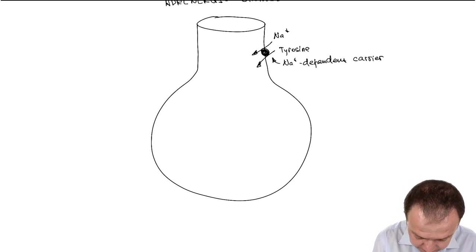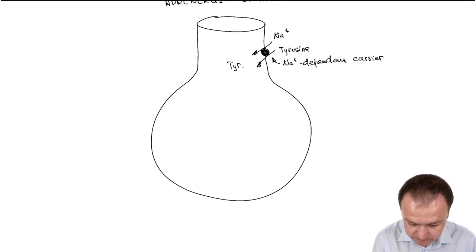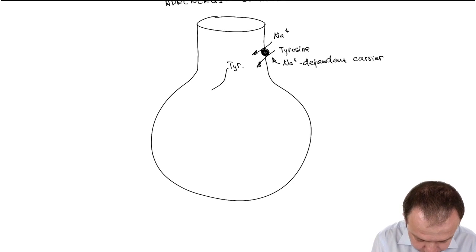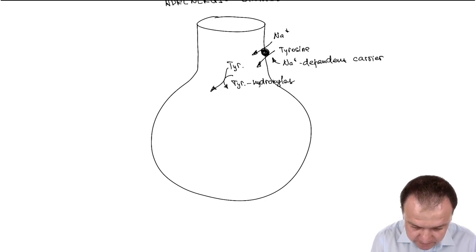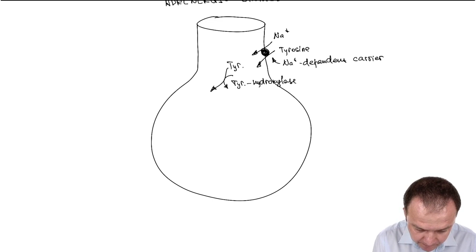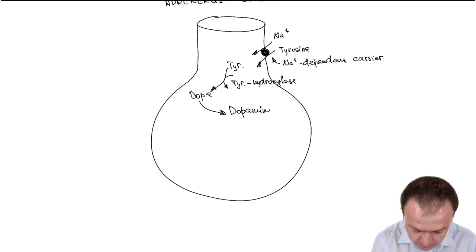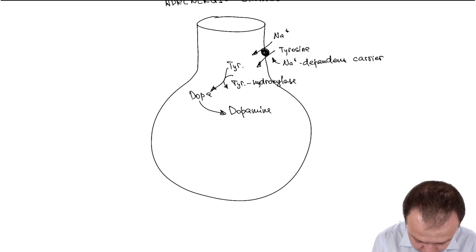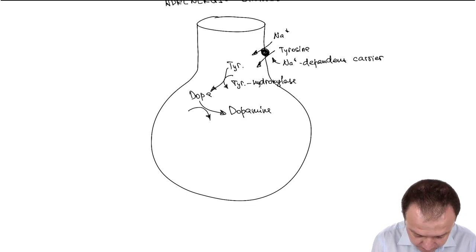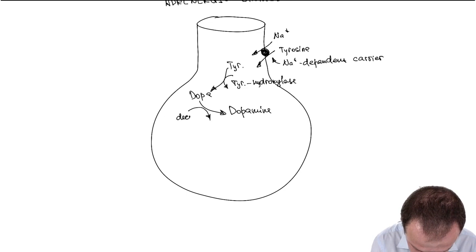and tyrosine appears inside the neuron. With tyrosine hydroxylase, we have synthesis of DOPA, and DOPA is converted to dopamine with help of decarboxylase, or aromatic amino acid decarboxylase.